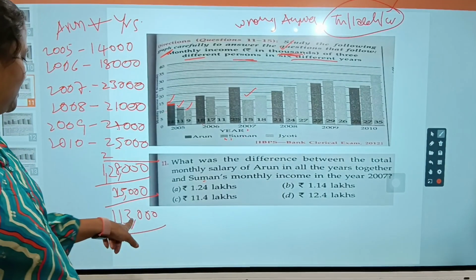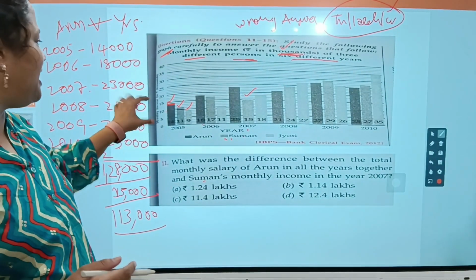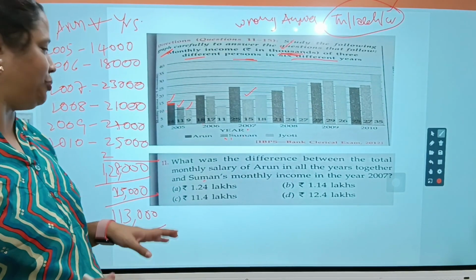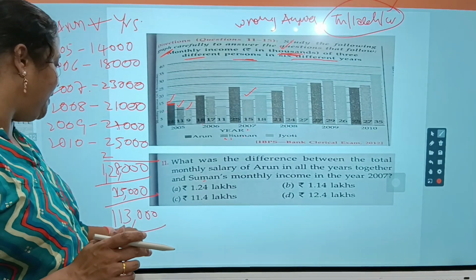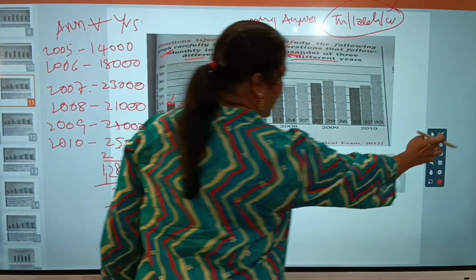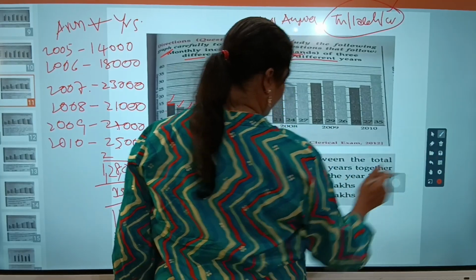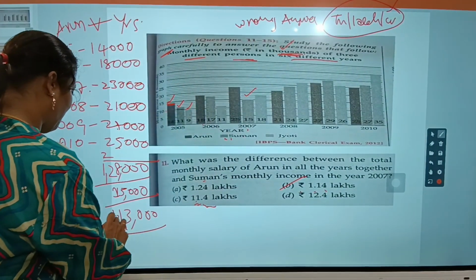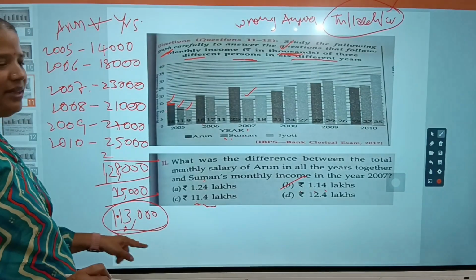We have to take an approximate answer, because in a graph there will always be some misinterpretation between people. So I am getting 113. The approximate answer given here, we have to select is B, because it is 1.14 lakh. Okay, 1.14; we are getting 1.13.